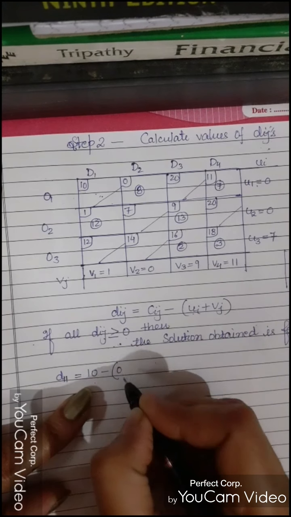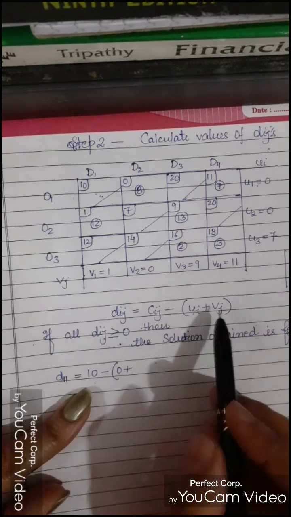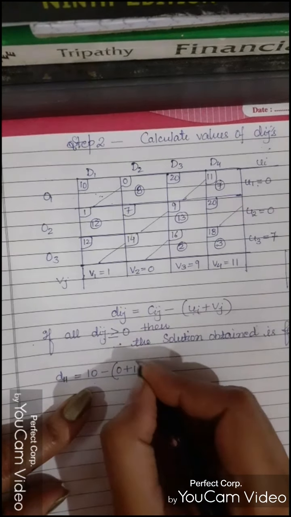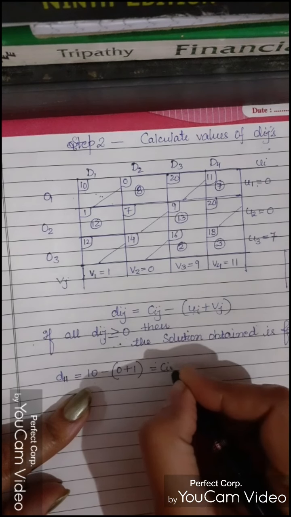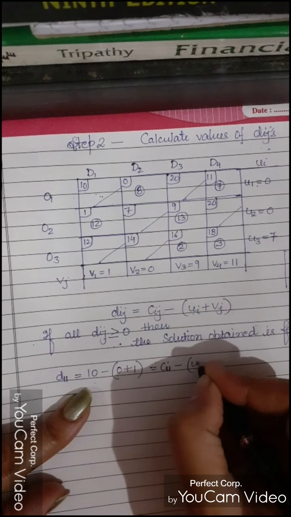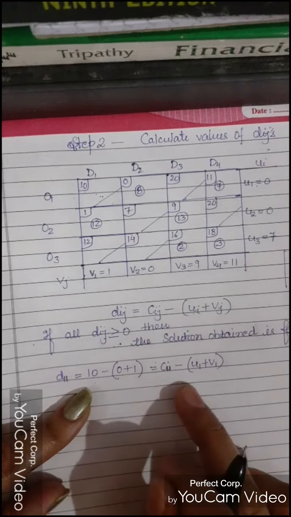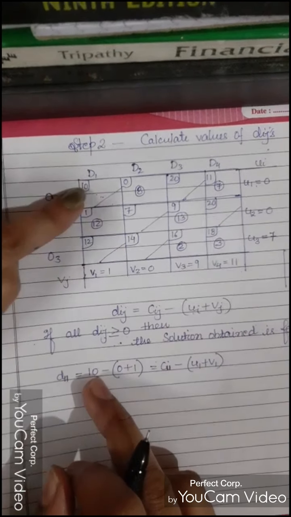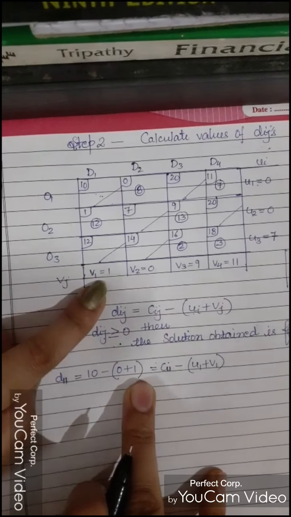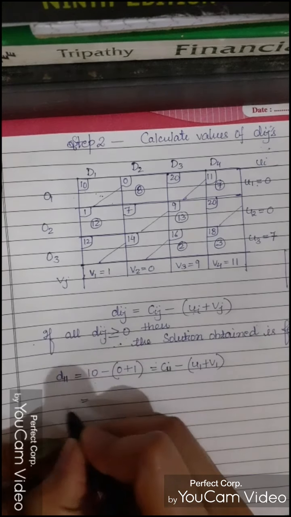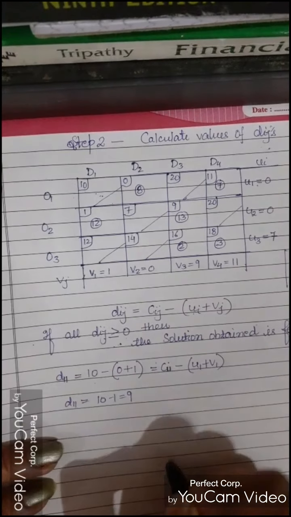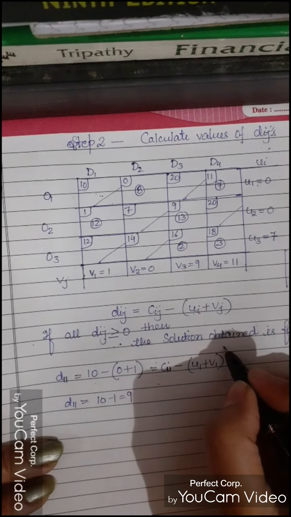So u1 is 0 plus v1 equals 1. That was the formula which we have used here: C11 minus u1 plus v1. C11 is 10, u1 is 0, v1 is 1. So we get the value d11 equals 10 minus 1, 9. Right. Now we move to the next.